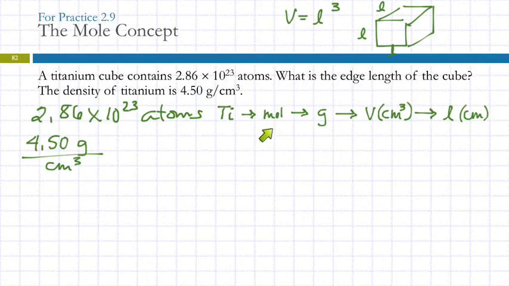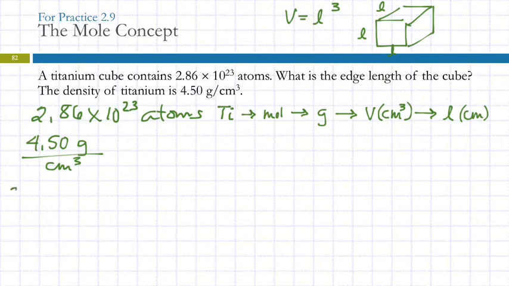So, remember the TV show Malcolm in the Middle? Yeah. So Malcolm in the middle, moles in the middle. We'll often find that mole is a unit that shows up in the middle of our calculation. So if you're missing a piece, try moles. It might be the right one. So this is our path. Atoms to moles to grams to cubic centimeters to centimeters. Figuring that out is the hardest part.